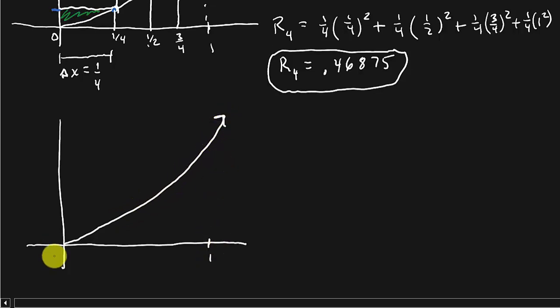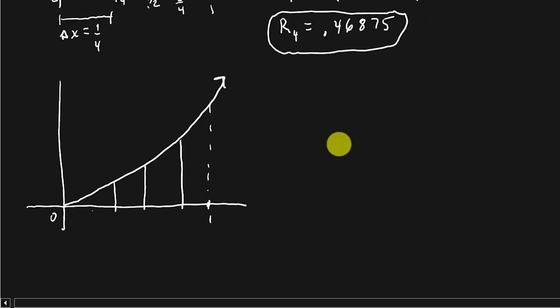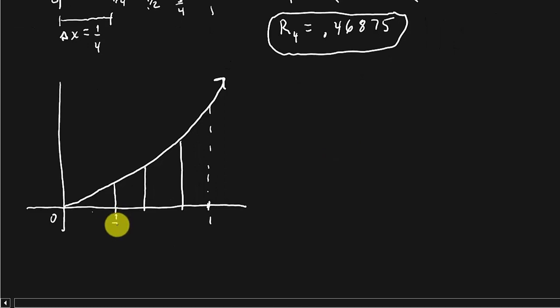So there's 1, there's 0. And so let's break this up. And once again, I know they don't look even, but they're supposed to be. And look, everything's going to be the same. We've got 1/4, 1/2, 3/4.